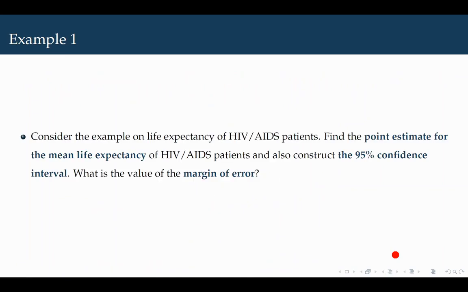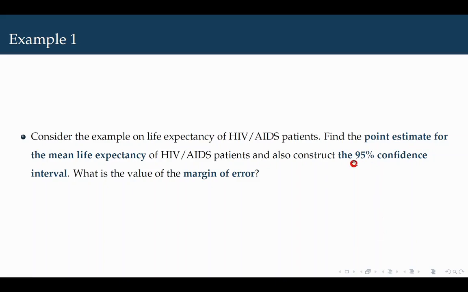So let's recall the example that we considered on the mean life expectancy of HIV patients. Previously we already obtained the sample mean life expectancy and the sample standard deviation.